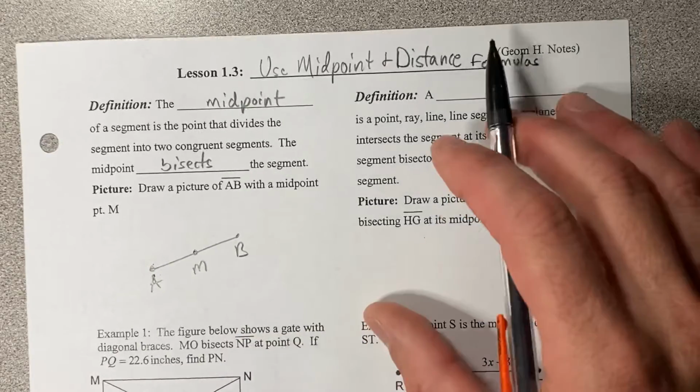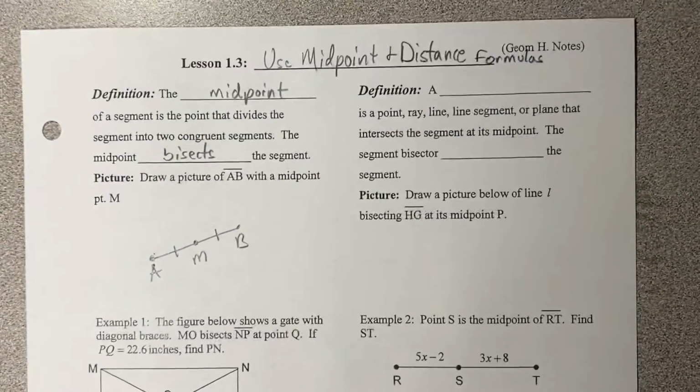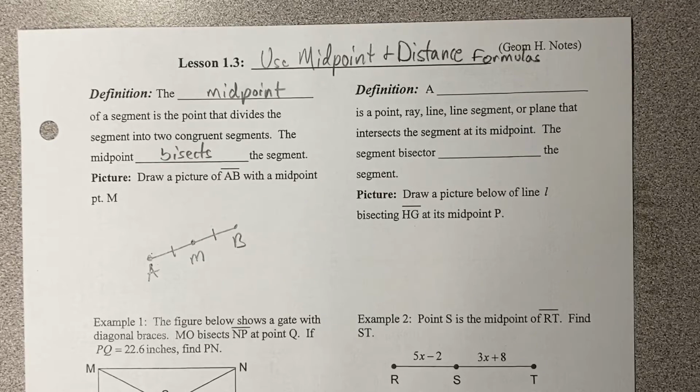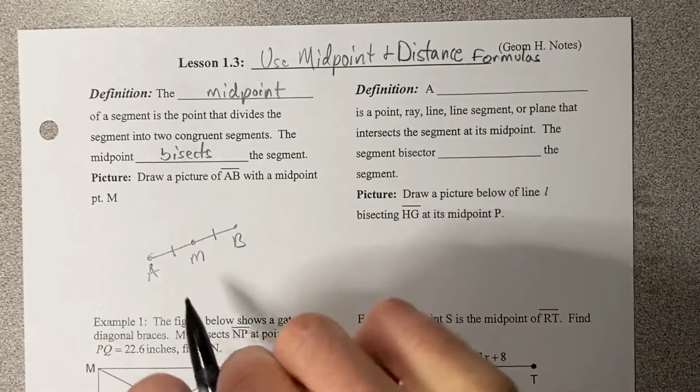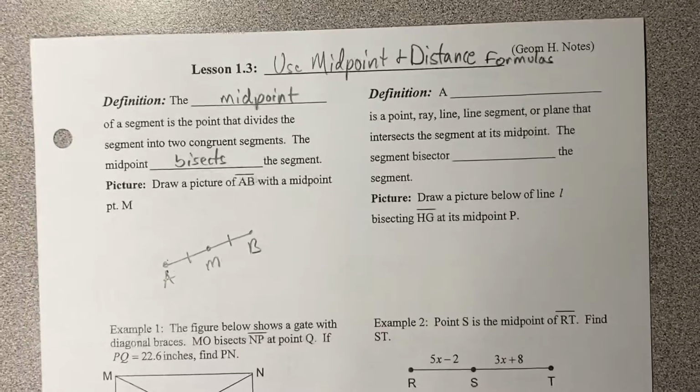Well, how have we learned to mark that? Yeah, that's right. Tick marks. This right here says that M is the midpoint of AB because the segments are equal.